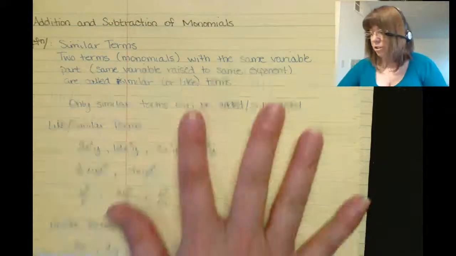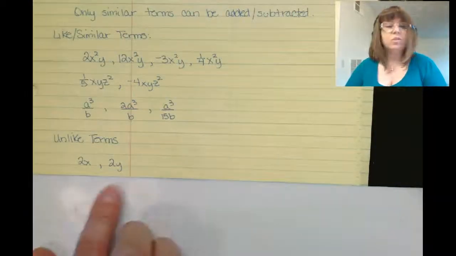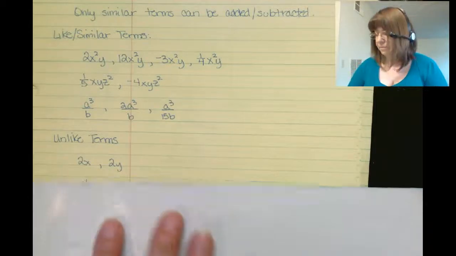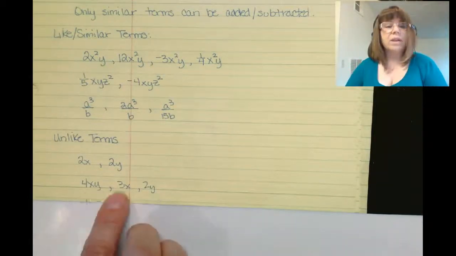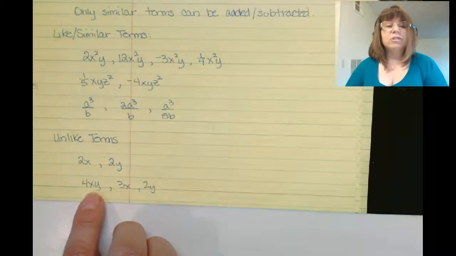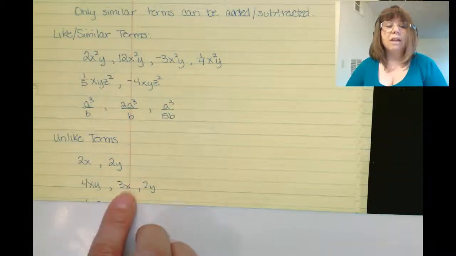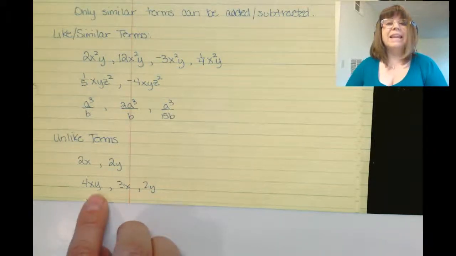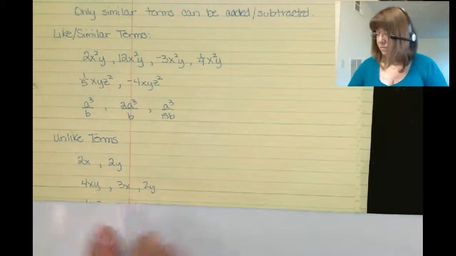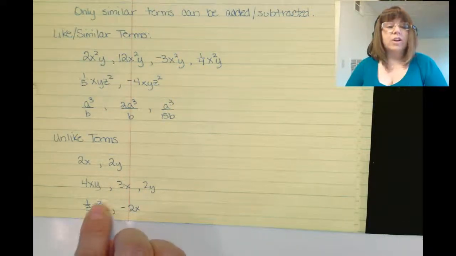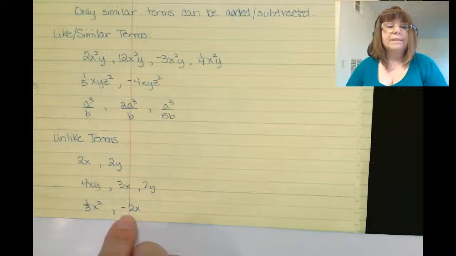These are unlike terms. Well, 2x and 2y, unlike. X is not the same thing as y. 4xy, 3x, 2y. If they are all going to be like terms, I need all of them to have just an x, all of them to have just a y, or all of them to have an x and a y. 1/3 x squared, negative 2x.